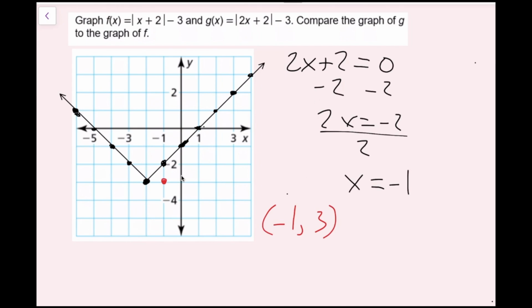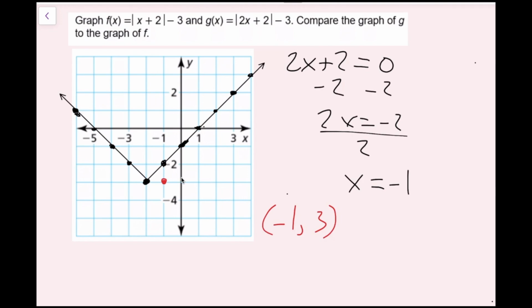Okay, and now I'm just going to use the same thing. Well, the coefficient here of my x term is 2. And at this point, it doesn't really matter whether or not it's inside or outside of the absolute value. Okay, so now I want to see if I have any reflections. I don't have any negative sign either on the inside or on the outside here.